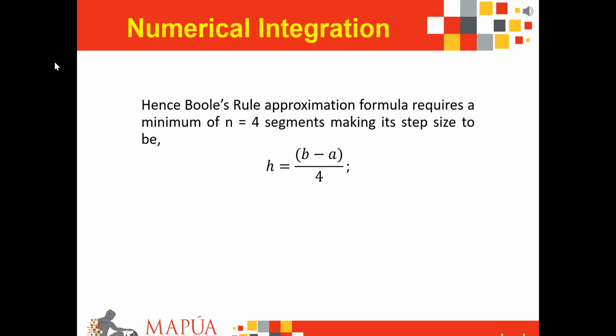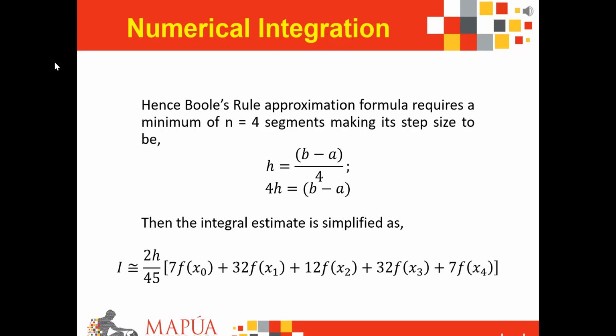Therefore, your step size ends up with this formula, whereby b minus a is equivalent to 4h. We could then substitute that into your integral formula to simplify it further, ending up with a simplified integral approximation formula for Boole's rule of 2h over 45.